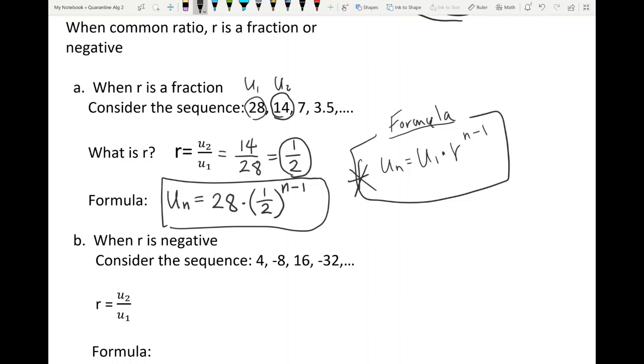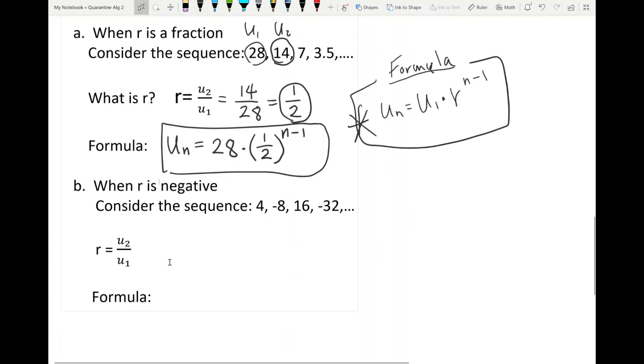Now, let's consider when R is negative. Please take a look at the sequence 4, -8, 16, and so on. Now, what's happening here? Again, let's just jump right into figuring out what R is.